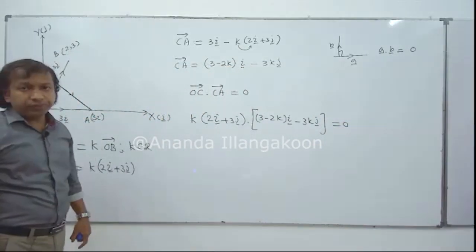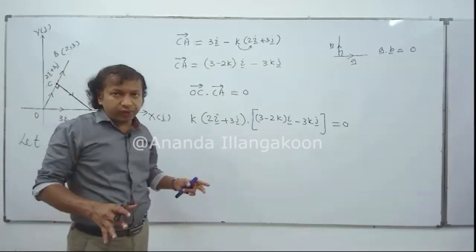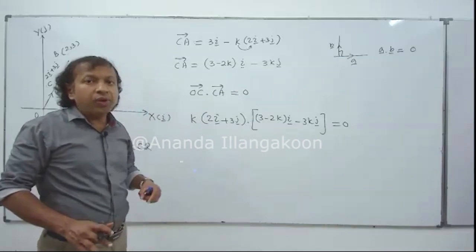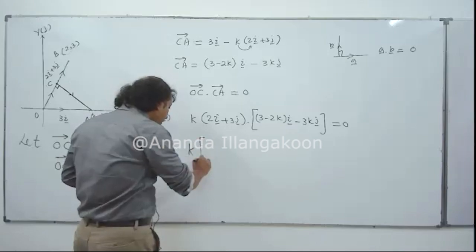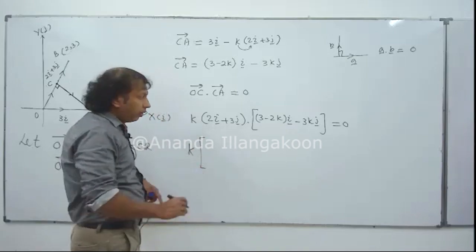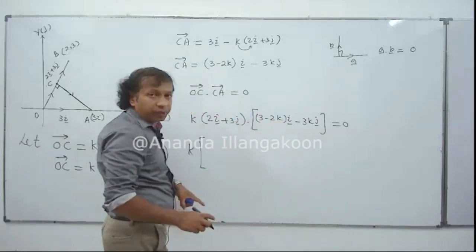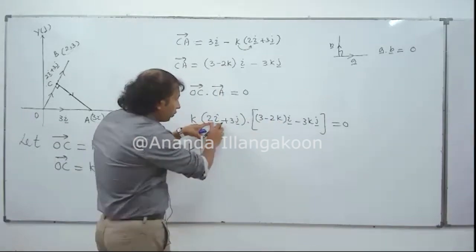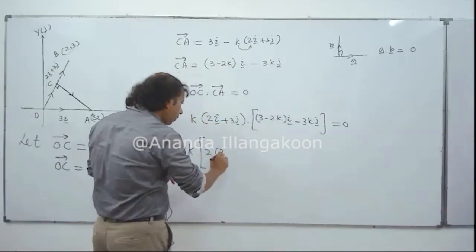When we need to take a dot product of two vectors expressed in i j form, we know how to do it. I take this k out and open the bracket. Multiply the i coefficients: 2 times (3 minus 2k).